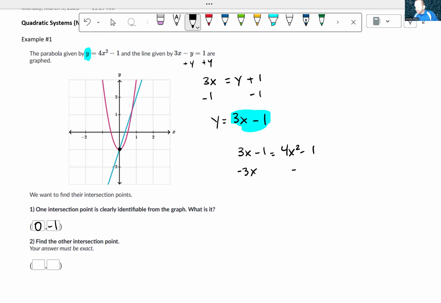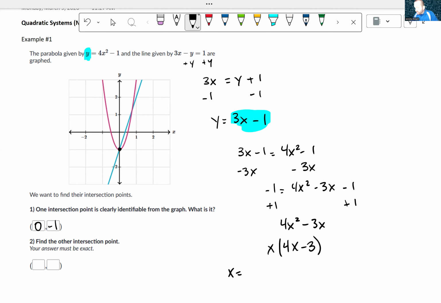And we're going to set this equal to 0 so that we can determine what our x values are. We know one of our x values is 0, but we still have to find the other one. So we have 0 equals 4x squared minus 3x minus 1 plus 1. We add 1 to both sides, and we get 4x squared minus 3x equals 0. So now we're going to factor this. When we factor this, we take out an x, and we're left with 4x minus 3.